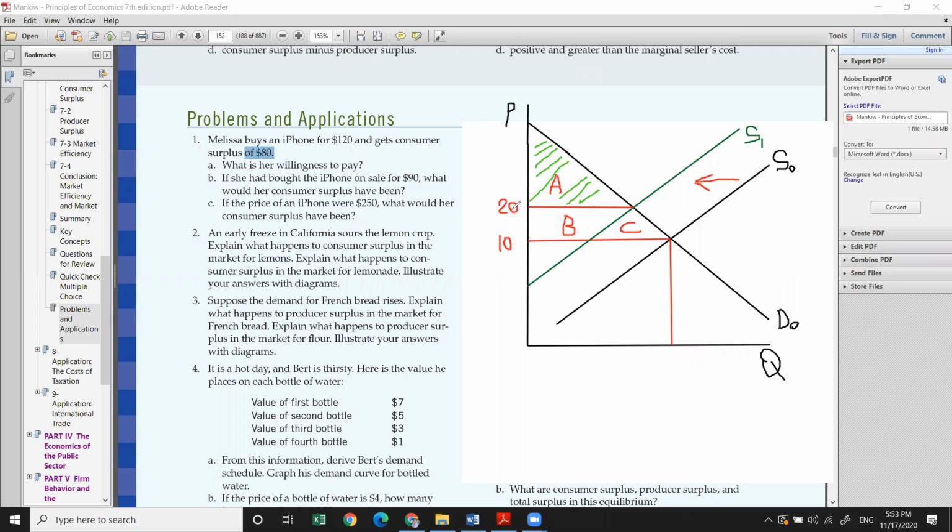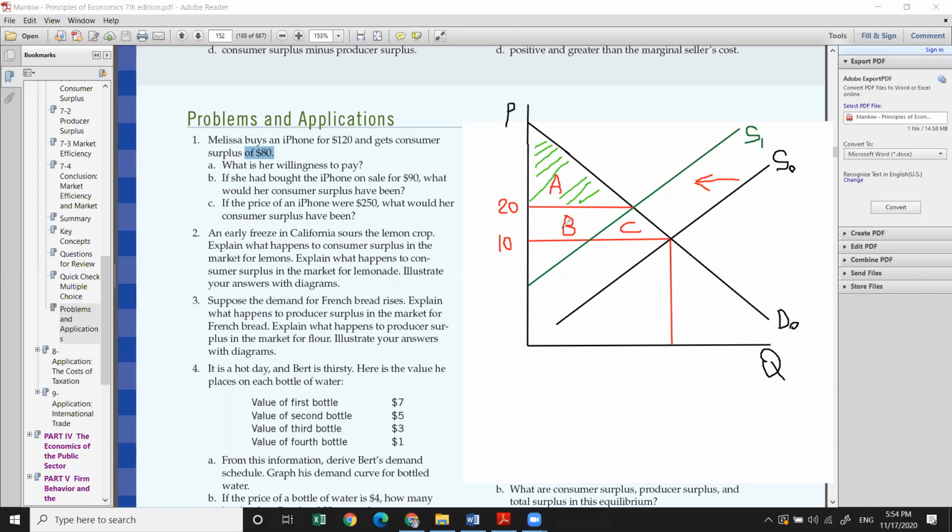Now the price jumps up to $20. Now she will receive only part A, consumer surplus. So the loss of BC takes place due to the cost of raw materials increasing, and the raw material is equal to lemons.